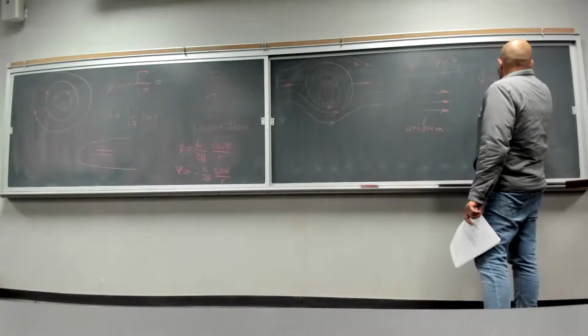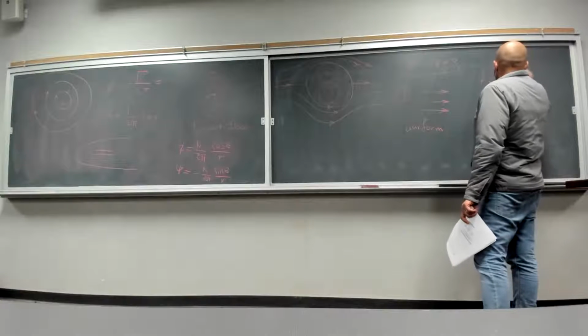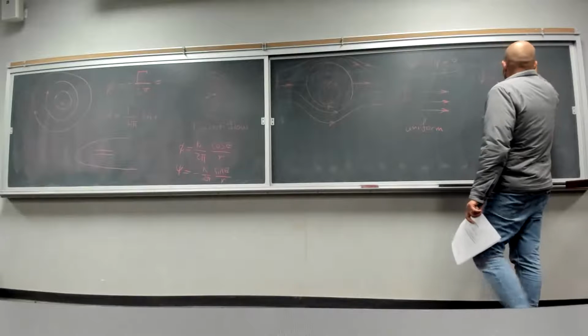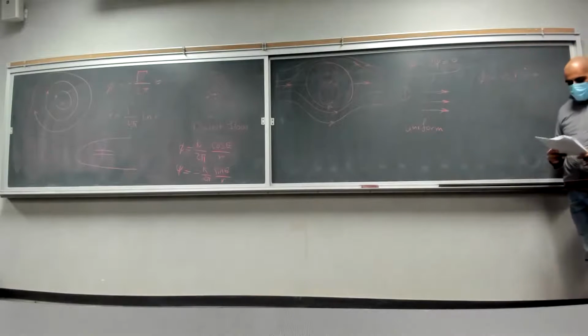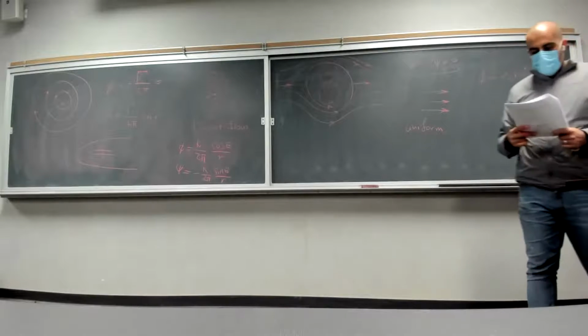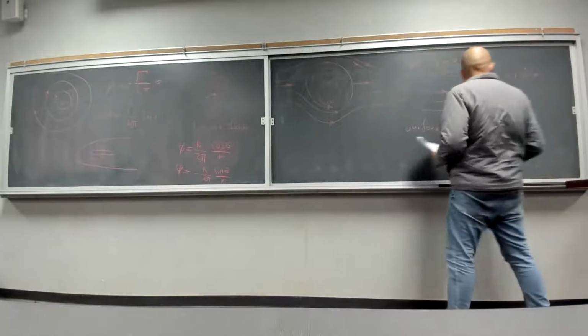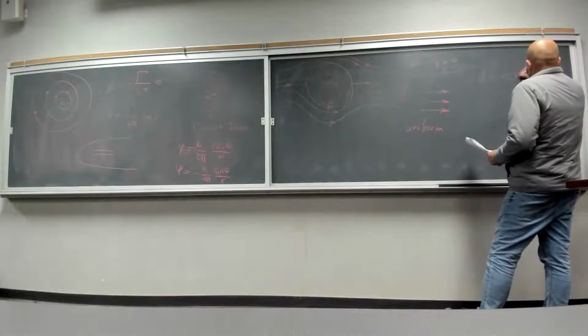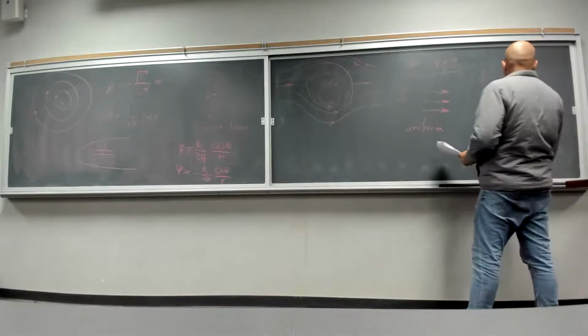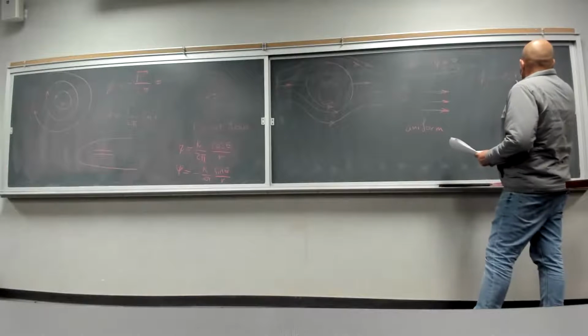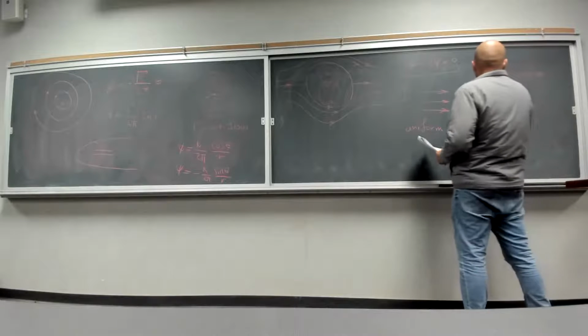So for a uniform flow, what was the potential? V infinity r sine of theta, right? That was the potential for... cosine of theta, not sine. Did I say sine of theta? I don't remember. So if I said for potential it's V infinity r sine of theta, just make sure to correct it to cosine of theta.